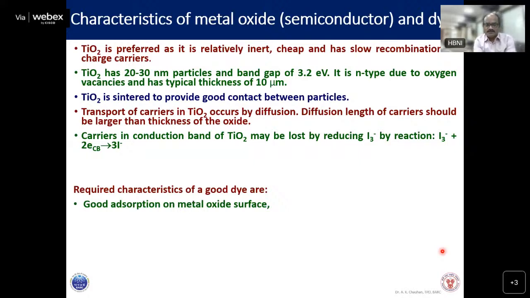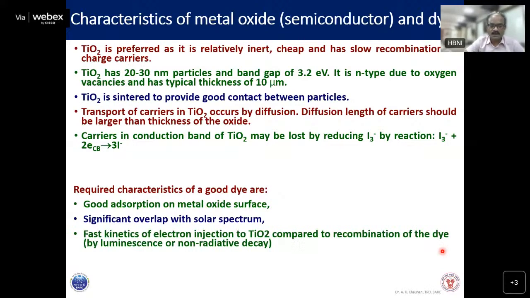Now, so this is one dye. Most of these dyes are ruthenium based dyes. What are the good characteristics for a good dye? It should have good absorption on the metal oxide surface. There should be significant overlap with the solar spectrum so that more of the spectrum can be absorbed, and then fast kinetics of electron injection into TiO2 compared to recombination in the dye.